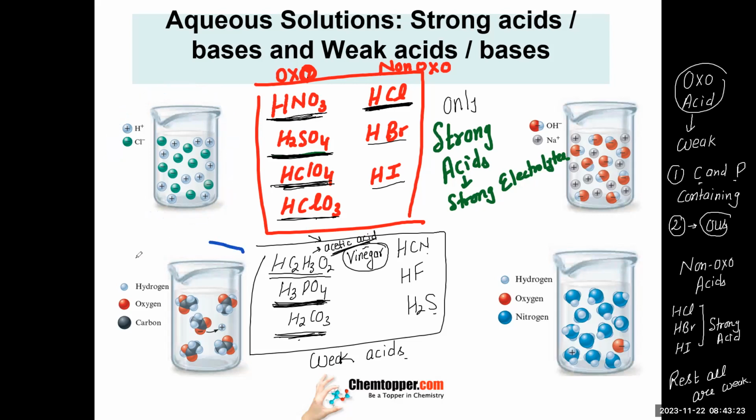Now check this one. This is your vinegar, acetic acid. See the color code: hydrogen, oxygen, carbon. Is this the dissociated one or the undissociated one? This one is undissociated. Yes. And this one is the dissociated one.